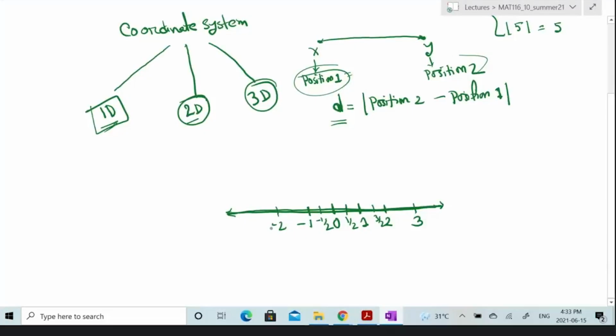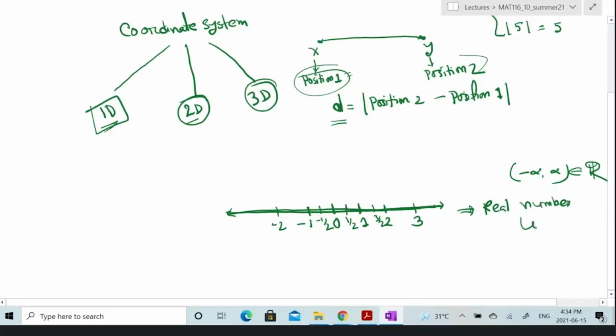From minus infinity to infinity, all the numbers, including fractions, are called real numbers. And we write it like this. This is called real numbers. Anyway, whenever on top of a line we put some real number as a point, then that line is called a real number line.